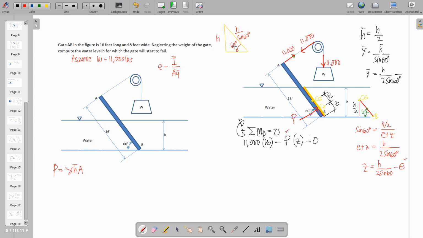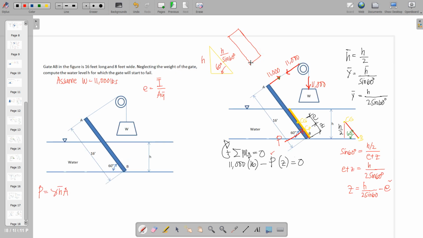So therefore, this will now be our submerged portion. This is the area that we need to consider, wherein the length is H over sine 60, and the given width is 18 feet.